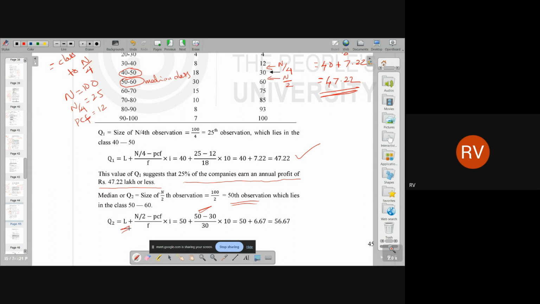So L is 50, minus the cumulative frequency just before N by 2, that is 30, by F, the actual frequency of 50 to 60, which is 30, into I, the class interval. That is 50 plus 20 by 30 into 10, that is 2 by 3 into 10, 6.67. So 56.67.